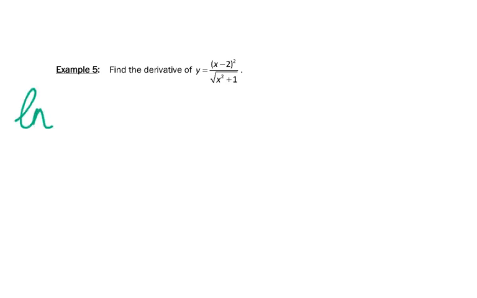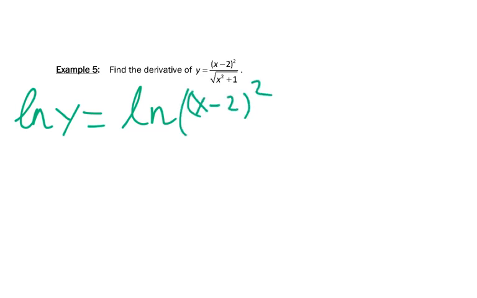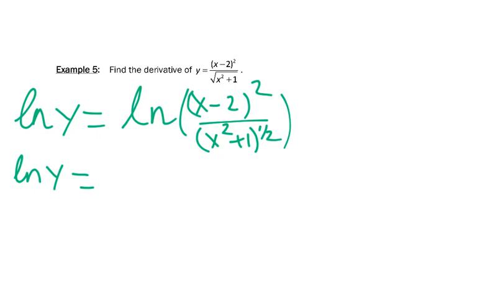So natural log of y, and the second term is the same thing, x minus 2 squared over x squared plus 1 to the 1/2, okay? So now, when I look at this one, natural log of y, again, I have not taken the derivative yet.